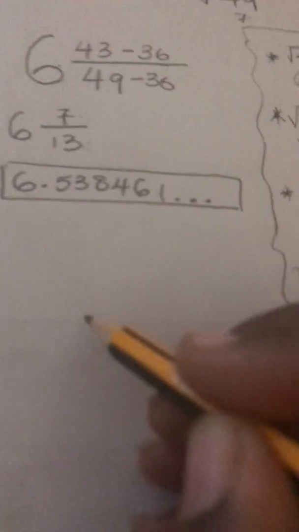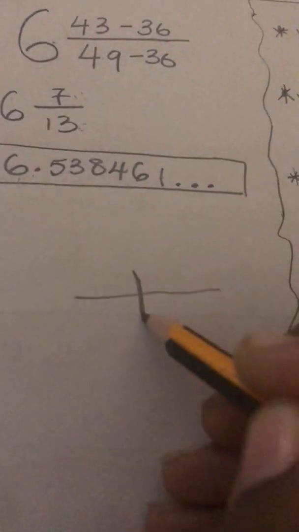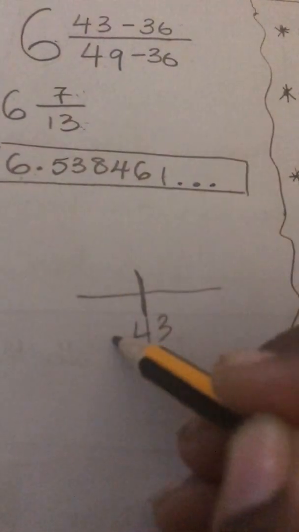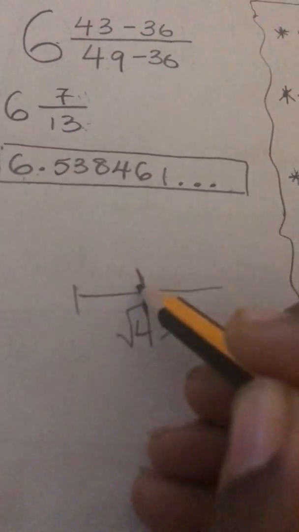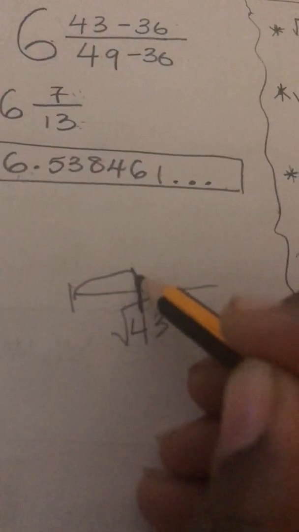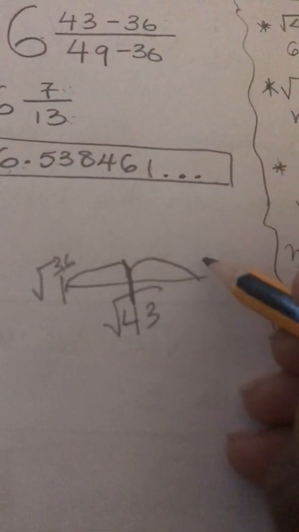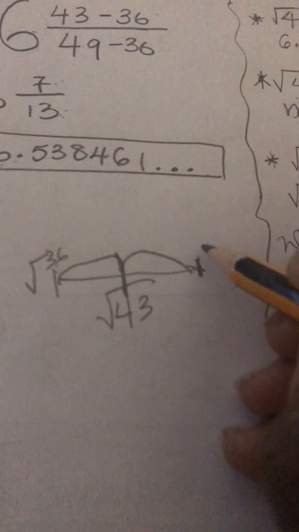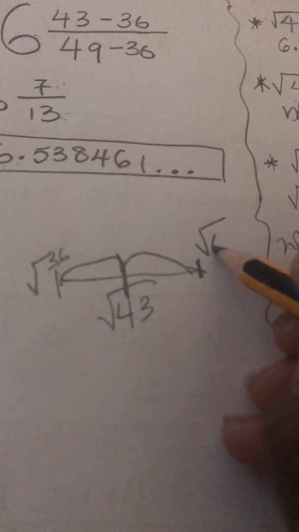When you have 0.5, it means it is halfway, okay? So if I was to draw a number line, here this will be the middle, square root of 43, and then this distance will be the same as this distance. So here I will have the square root of 36, and here I will have the square root of who?